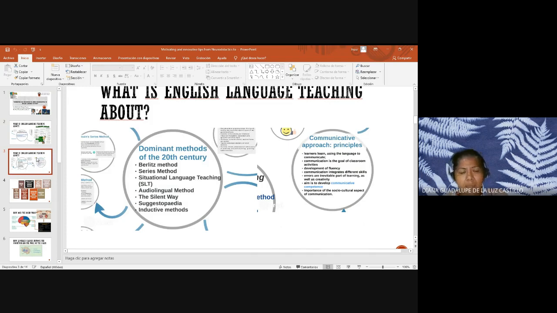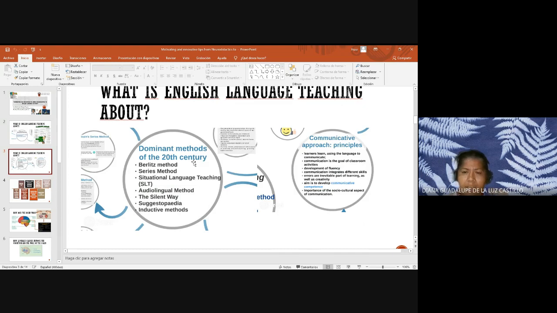Some of the main methods that were created during the 20th century were related to using only the language that is going to be taught, that is the target language, using some situations in the language teaching, using dialogues, and having the teacher as a silent tool for students to produce more, and some other inductive methods and much more motivated methods for students, such as Suggestopedia and community language learning.